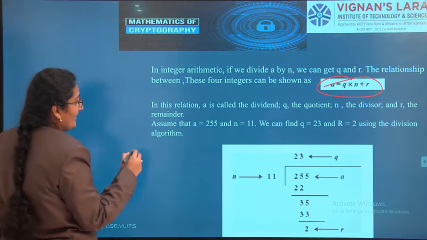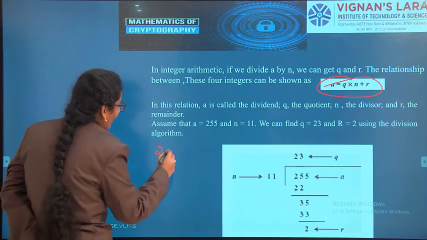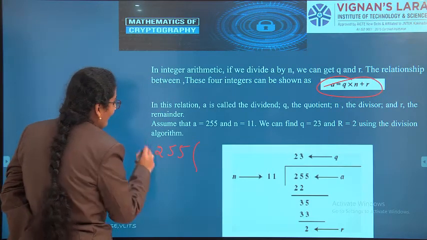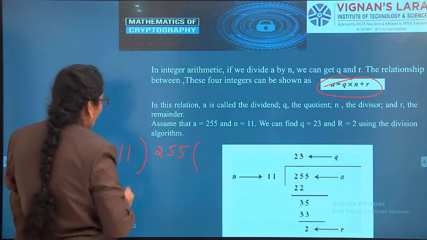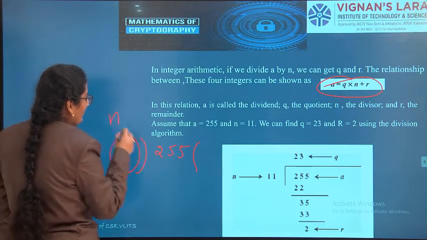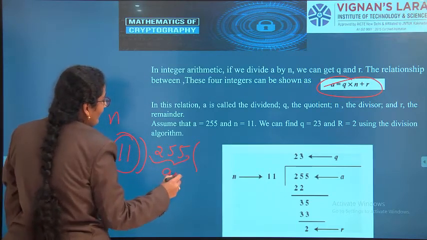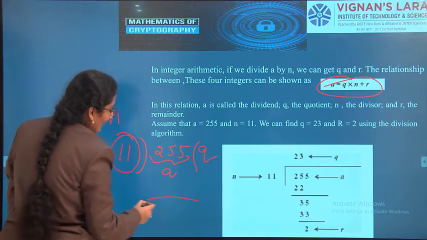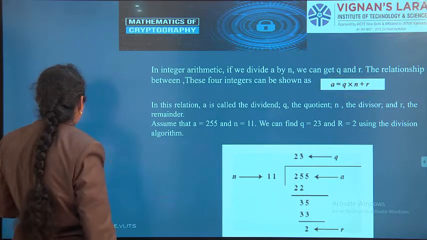See here, 255 is divided by 11. Okay, this 11 is n, 255 is a. Here we are going to get quotient and remainder.